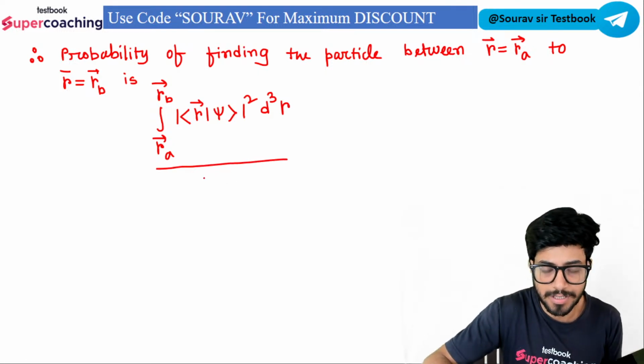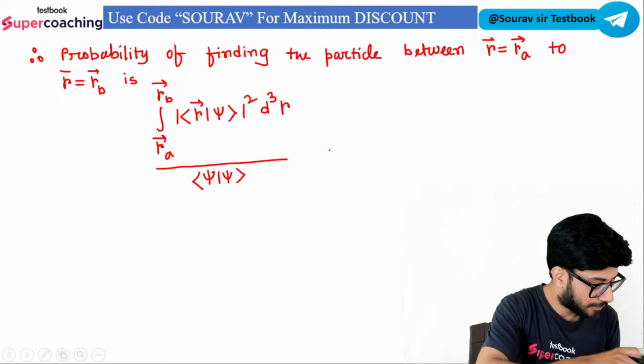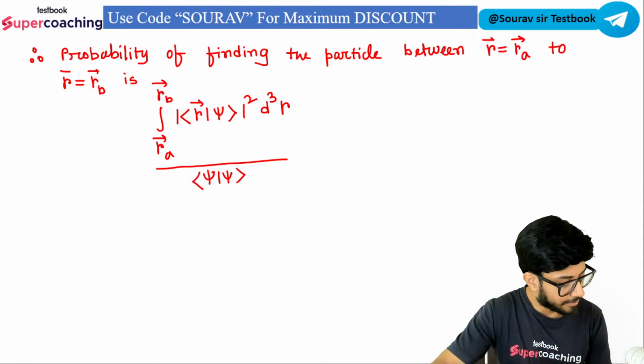Of course, psi psi will actually be equal to 1. But yes, it will be like this. So I think we are done.